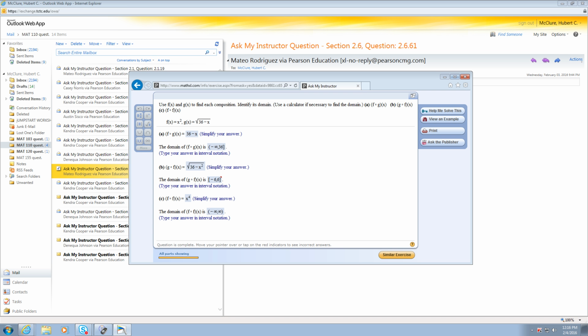So there's my three problems. F composed of G, we're going to take G and do what? Put it in the parentheses over its square. Right there, 36 minus x. And what happens to the square and the square root? They cancel each other. And that's 36 minus x, all real numbers.